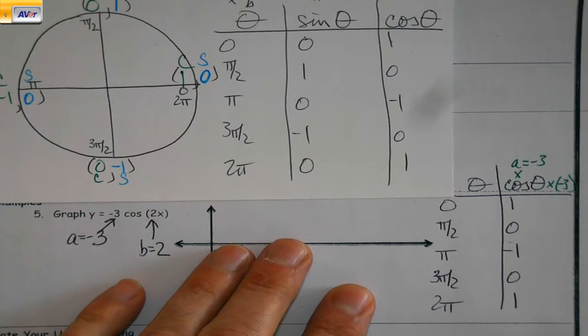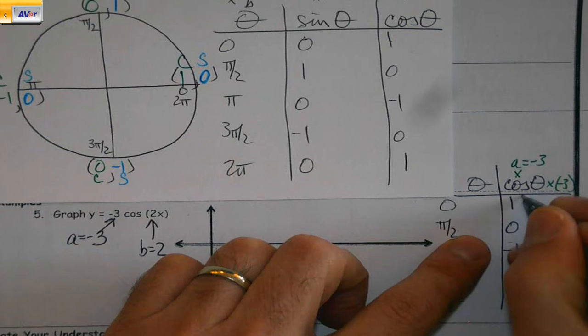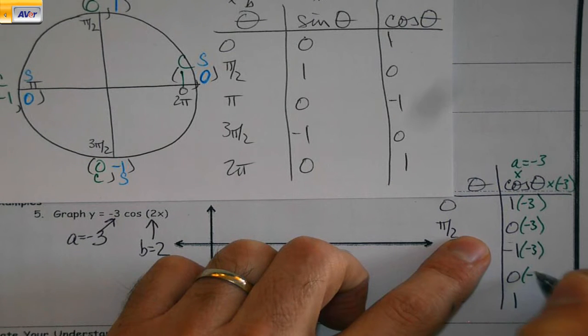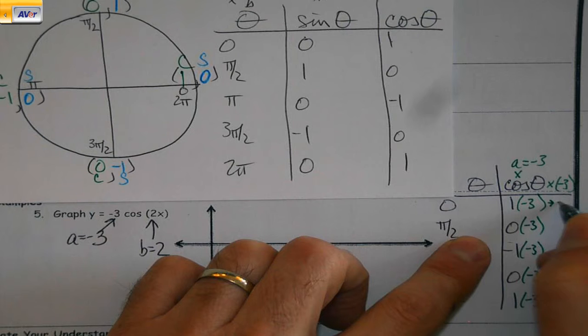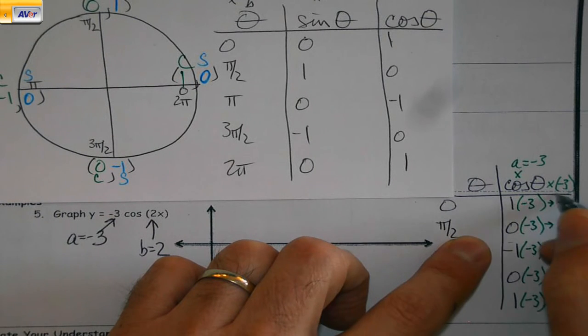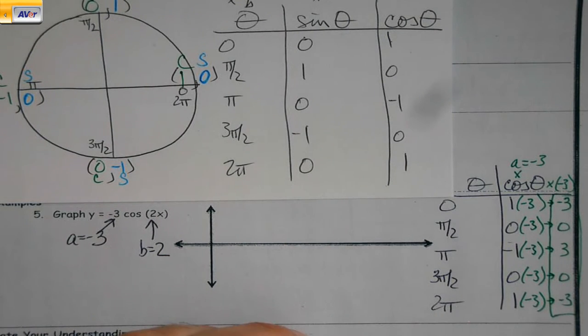Oops, back on the screen here. Now, if you can just do that in your head, that's cool. If you're more visual, which is kind of the way I'm going here, we'll multiply this out. And the values that I get out of there will be the values that I'm going to use.